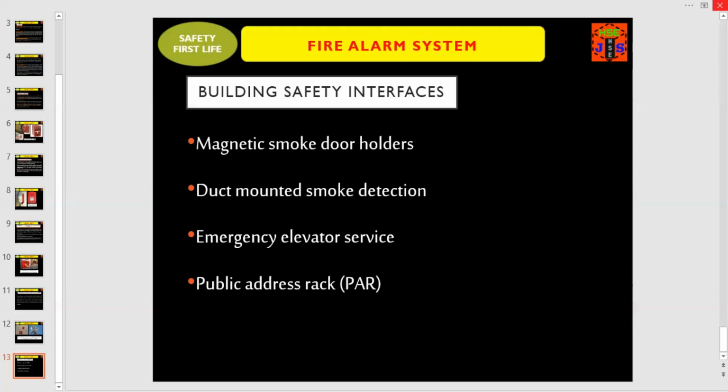Fire is possible in any room, in any house, in any building, or in any project. And you know very well, whichever burns never returns. So learn fire safety, learn about firefighting, maintain fire alarm system and fire detection system.